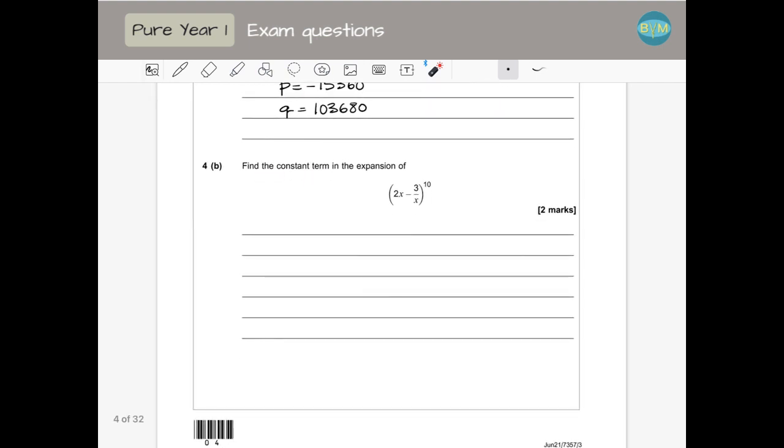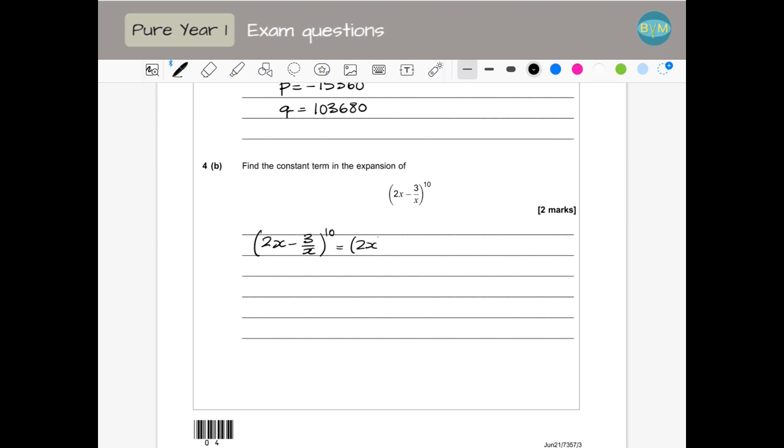And then find the constant term in the expansion of this. The constant term is the term that has no x. So if we expand this, what is going to happen is I have x's in the numerator and x's in the denominator. Let me show you, we can expand a few. Because you will need to think a tiny bit.